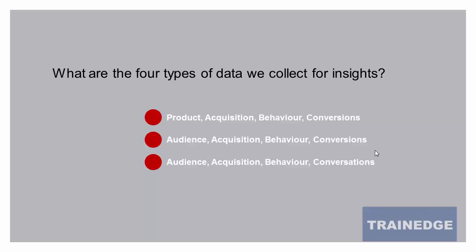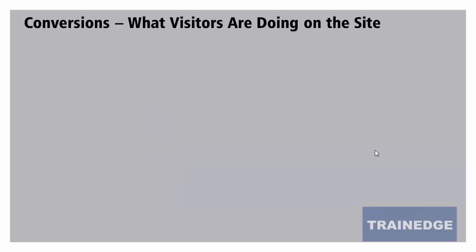Is it audience, acquisition, behavior and conversations data? Or is it audience, acquisition, content and conversations data? The correct answer is audience, acquisition, behavior and conversions.